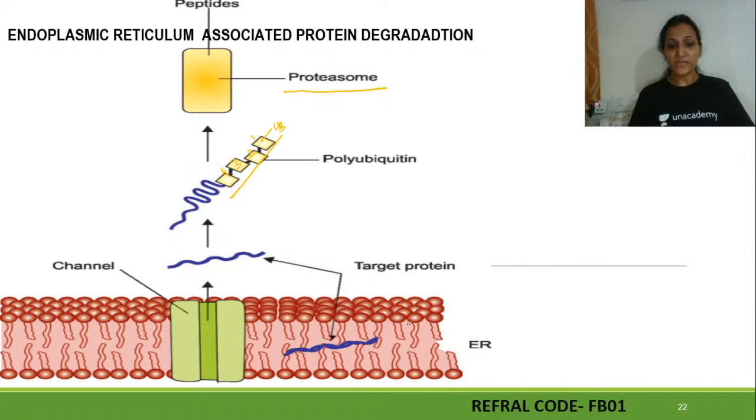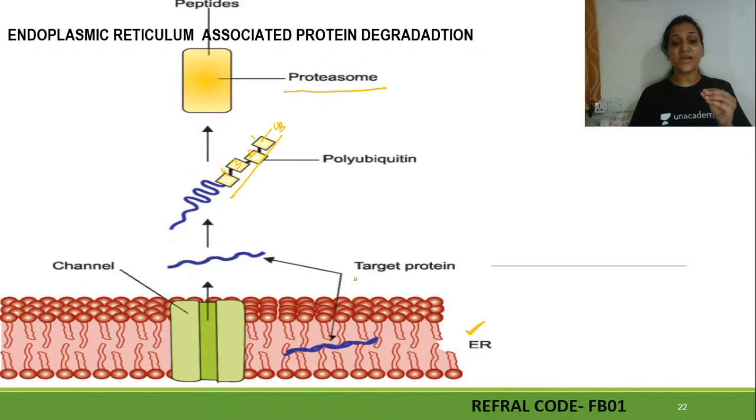So this is the endoplasmic reticulum, and we clearly talked about which molecule first identifies that there is a misfolded protein. Your endoplasmic reticulum is the thing which identifies the misfolded protein, engulfs it, and from its lumen releases the target protein.